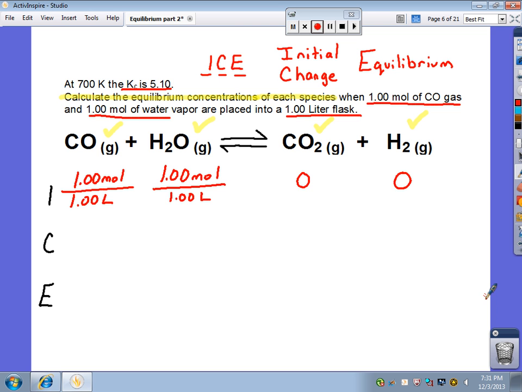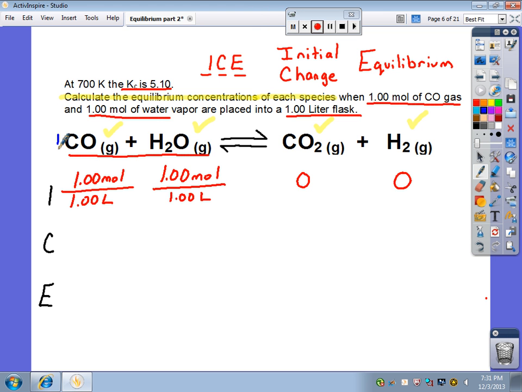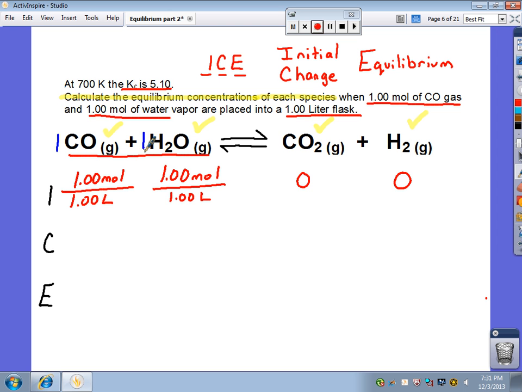So let's see what is going to happen here. My reactants are right here, aren't they? These are my reactants. They're going to react. Okay? So if they react, what's going to happen to them? Well, if you notice up front, they're coefficients. For every 1 mole of this, you need 1 mole of this to make 1 mole of this and 1 mole of this. So what do I know? I know that this is going to go down, and this is going to go down by how much?